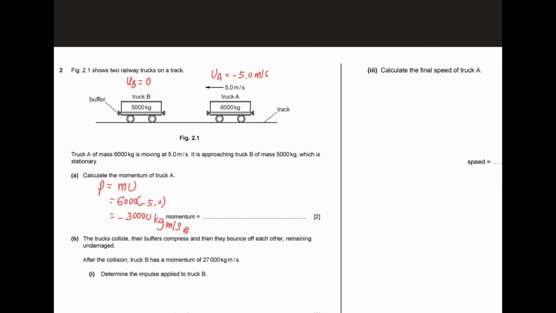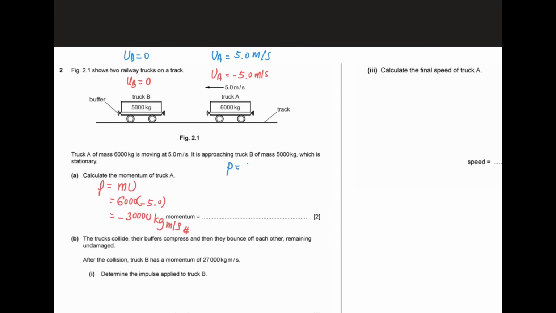But again, if you look at the mark scheme, they put positive. So in that case, if I follow the blue color one, I assume left hand side to be positive.